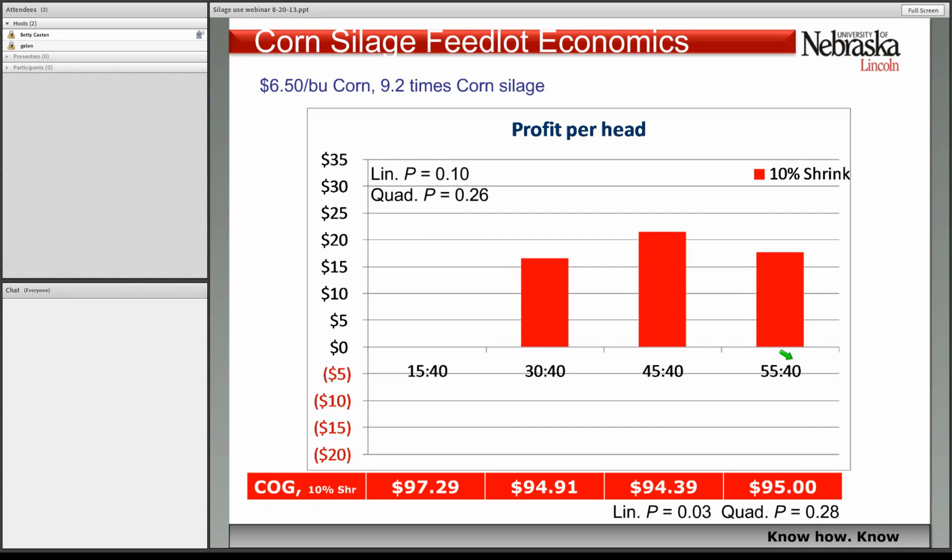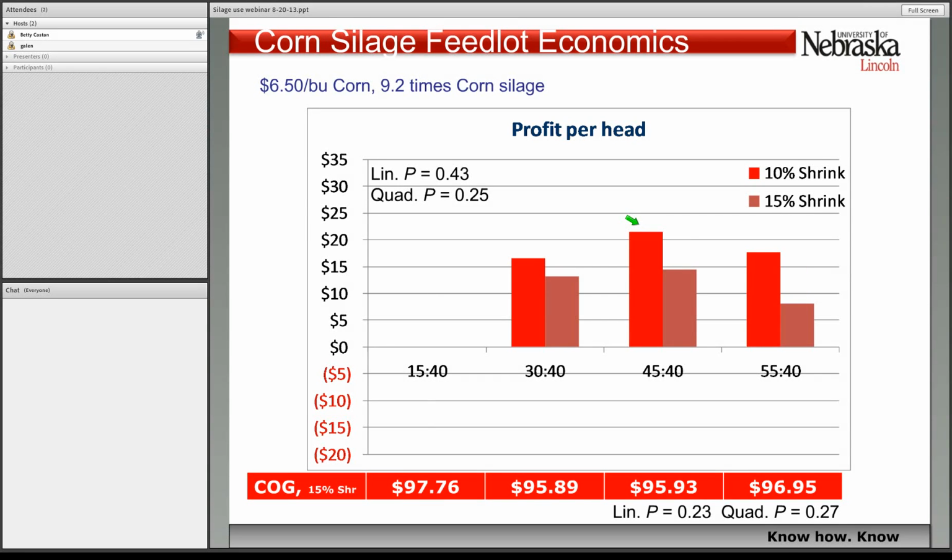And then lastly, looking at what I would call expensive corn, $6.50 a bushel. Again, the appropriate multiplier on corn silage price, and you can see that profitability is increasing. In this case, it was linear. That looks quite quadratic to us, and so my point is that it appears that as corn gets more expensive, there's more profit opportunity for increasing silage inclusion with 10% shrink.